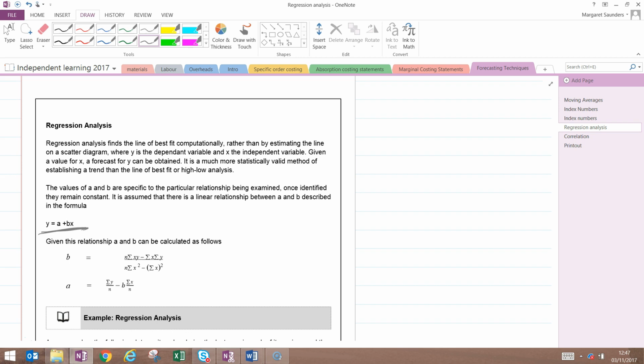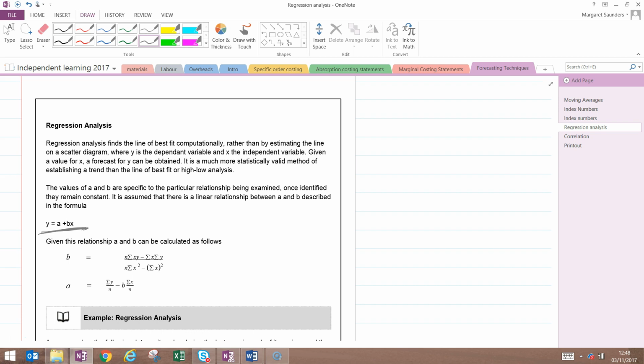Y will be the dependent variable and X will be the independent variable. Once we're given a value for X, a forecast for Y can be obtained. It is a much more statistically valid method of establishing a trend than the line of best fit or high-low analysis.